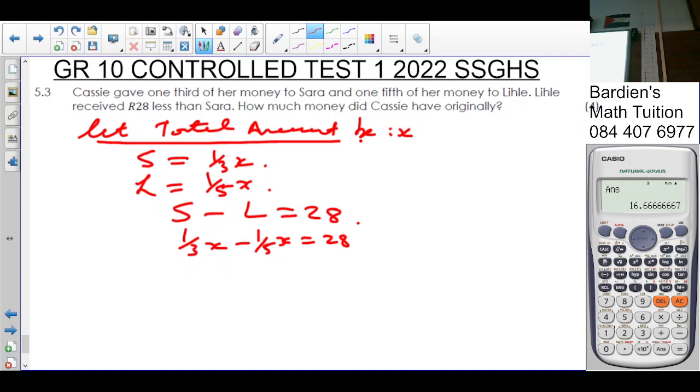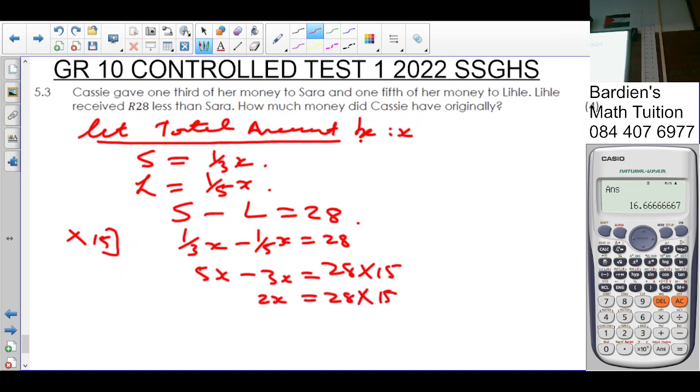So the LCM here is 15. Okay? So you multiply it by 15. So that is going to give us 5x minus 3x equals 28 times 15. So 5x minus 3x is 2x equals 28 times 15. Divide by 2 both sides, so x is equal to 14 times 15. So 14 times 15 gives us 210 rand.